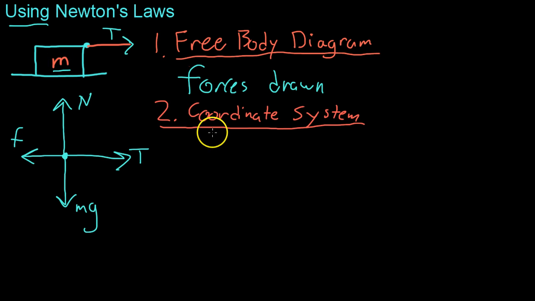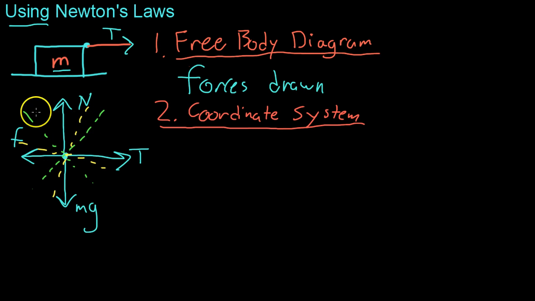The next step we have to follow is picking a coordinate system. So you can really pick an arbitrary coordinate system oriented any way. So for example, you could have your x-axis going like this and your y-axis going like this, or your x going like so and your y going perpendicular to that like so.